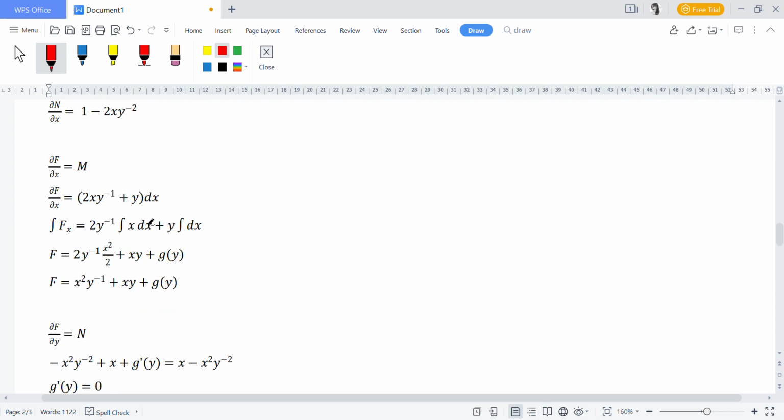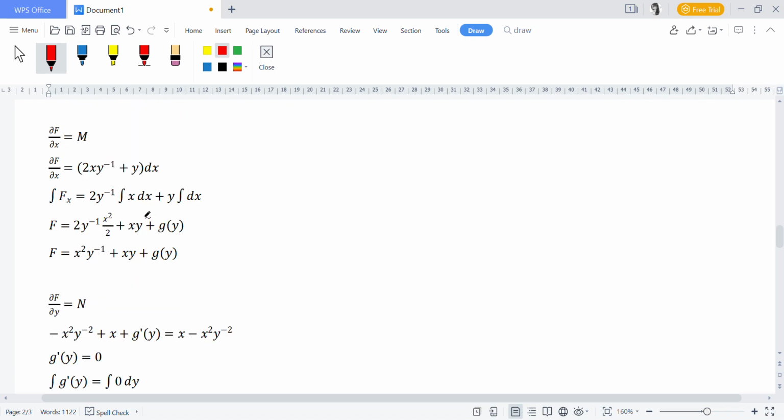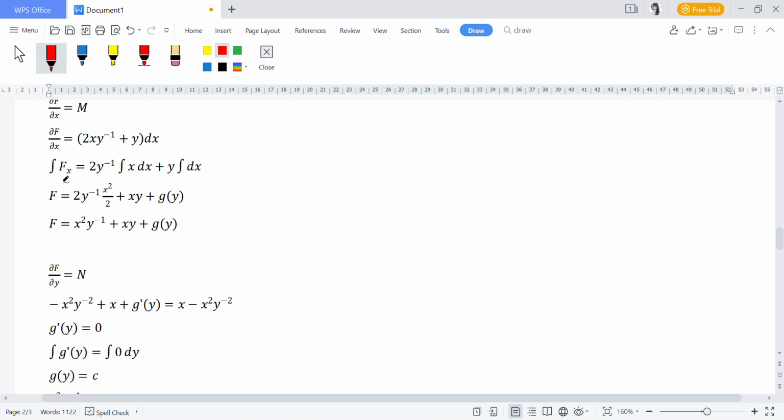Now, let's proceed to the next step, which is integrating our M. Just copy our M and integrate this. So we will now have the integral of f of x, minus 2y raised to negative 1. Since this is constant, this is moved out. Then the integral of x dx plus y times the integral of dx.